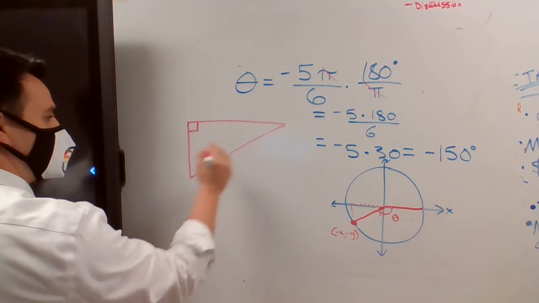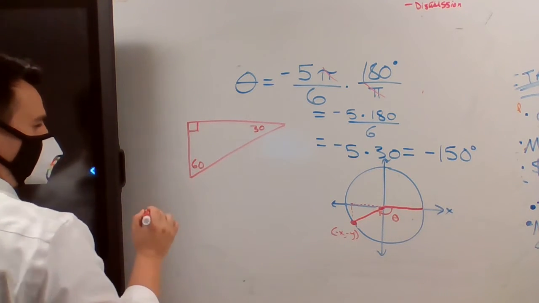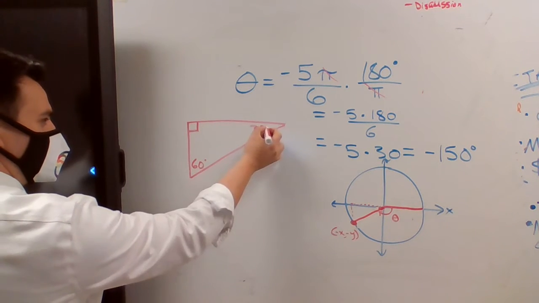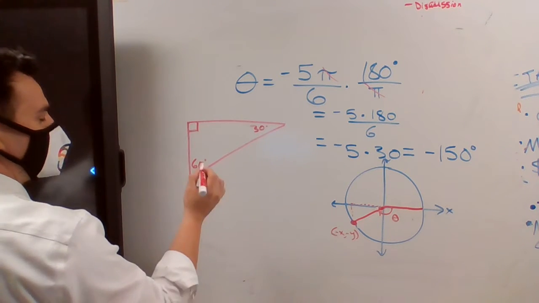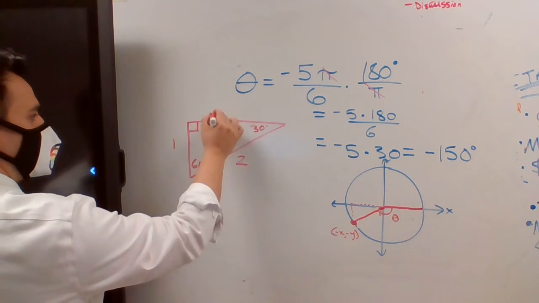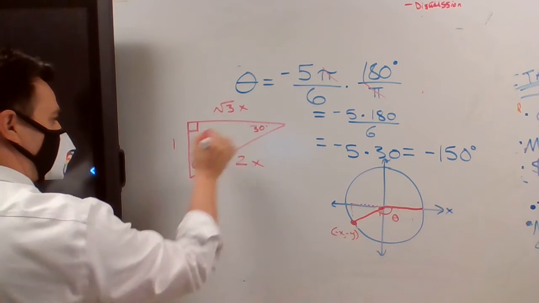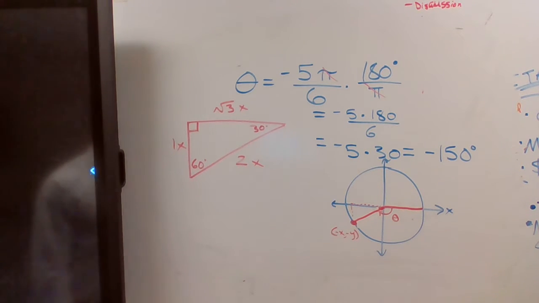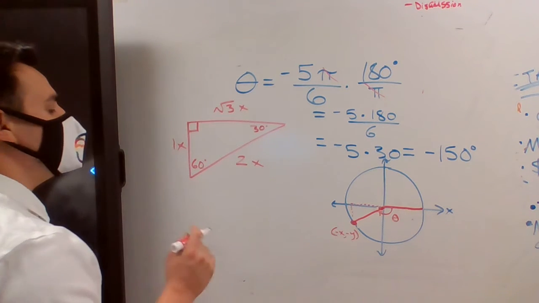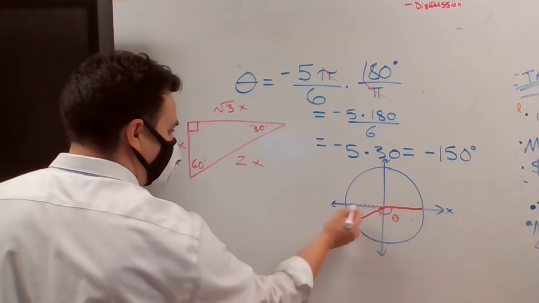As you guys can see from this one, this is a 30, 60, 90 triangle. We know that this generally follows the following ratio: times x, times x, times x. We also know that because this is our unit circle, we know one of the lengths of this triangle.